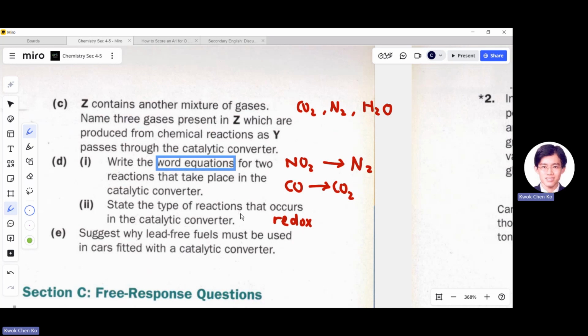Why must lead-free fuels be used? Sabrina? Yep. All right, remember, lead is a poison for the catalyst. Right. So, of course, it reduces the function of the catalyst.